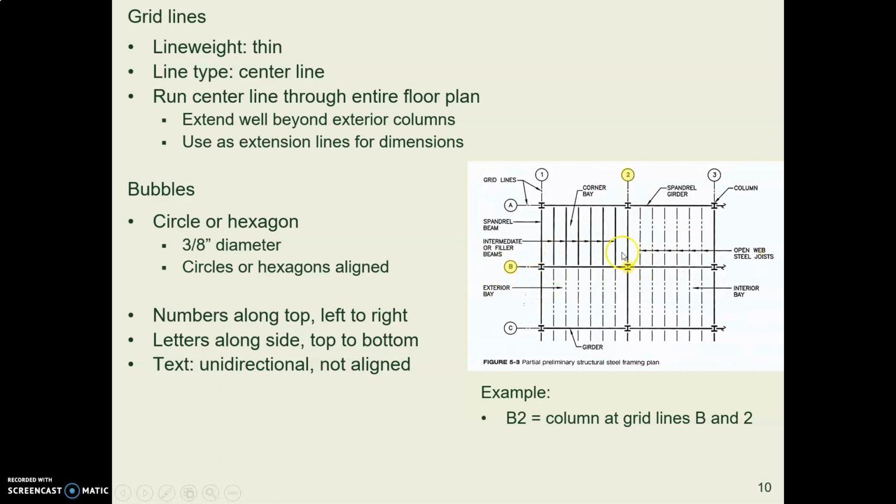So this column in the middle of this sample drawing happens to be column B2. It's at the intersection of grid line B and grid line 2. So that's B2, and good old B2 will show up on every drawing and in the column schedule and so forth.